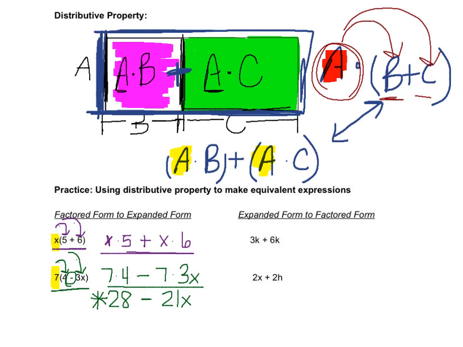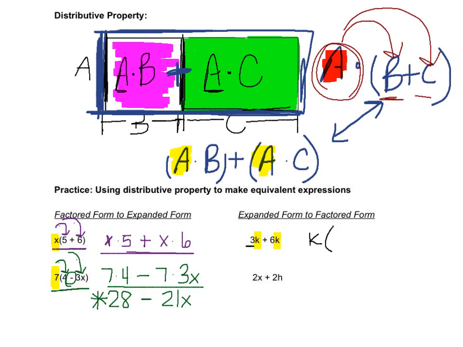All right, when we start with expanded and go to factored, what we're looking for is what the two pieces share. So in our first expression, they both share the variable k. That means that part is going to be on the outside of the parenthesis.